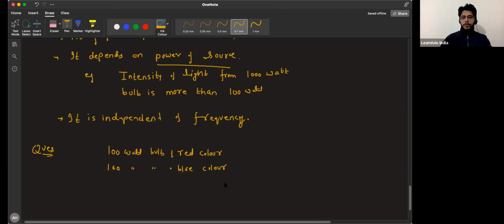Can you compare the energy of light photons coming from these two bulbs? See, the power is same. Both bulbs are of 100 watt. The energy of photon from the two bulbs will be same, or they have different values. If they have different, then which one has greater energy and which one has lesser energy?